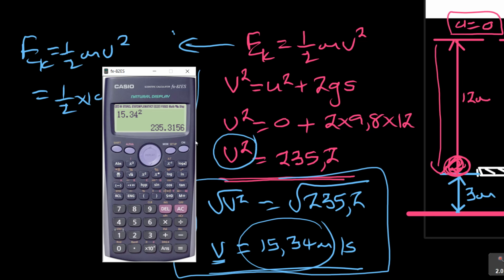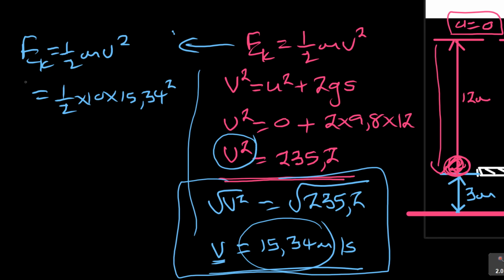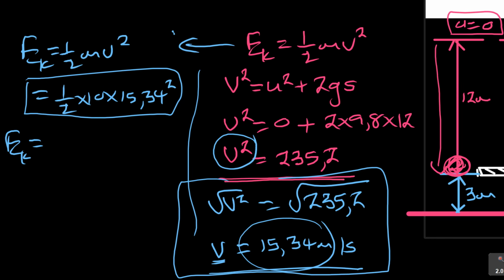Now you see it's even a bit changed because you rounded off, so it's better to say, if I'm here, I can avoid this one and write Ek equal to half times mass is 10 times the v squared is that one, which is 235.2. See that?